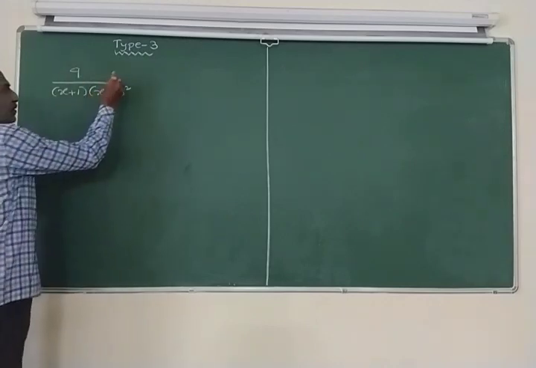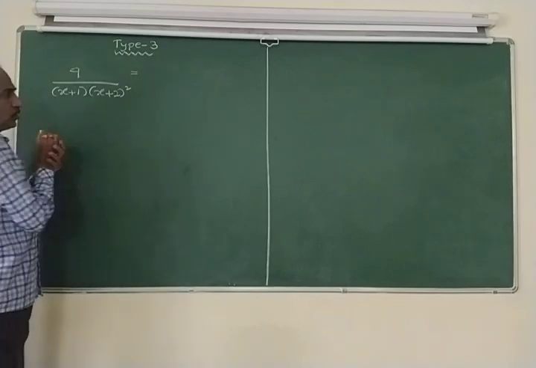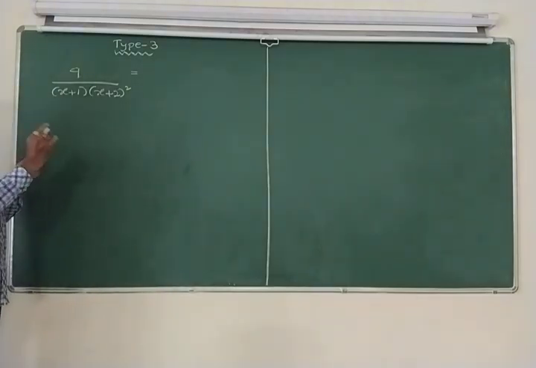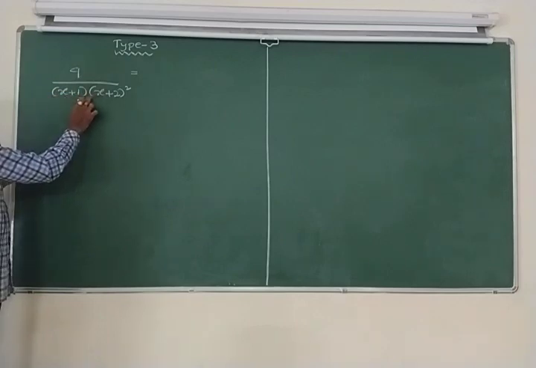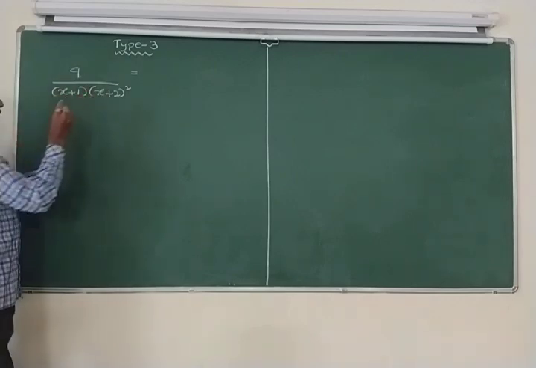For that, this is the working rule. Observe carefully: 9 by x plus 1 into x plus 2 the whole square.